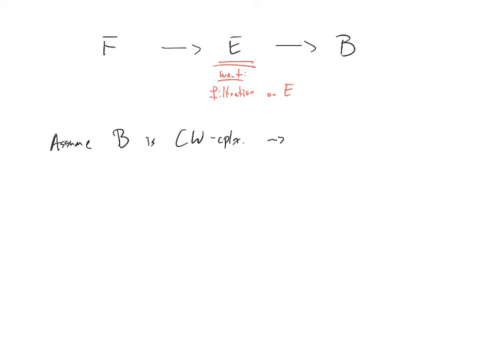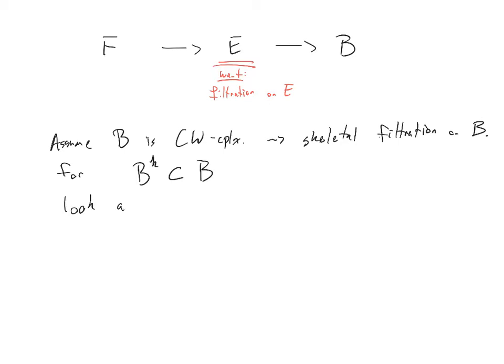And then you take the skeletal filtration on B. So for the K skeleton B_K living inside of B, look at P inverse of B_K.